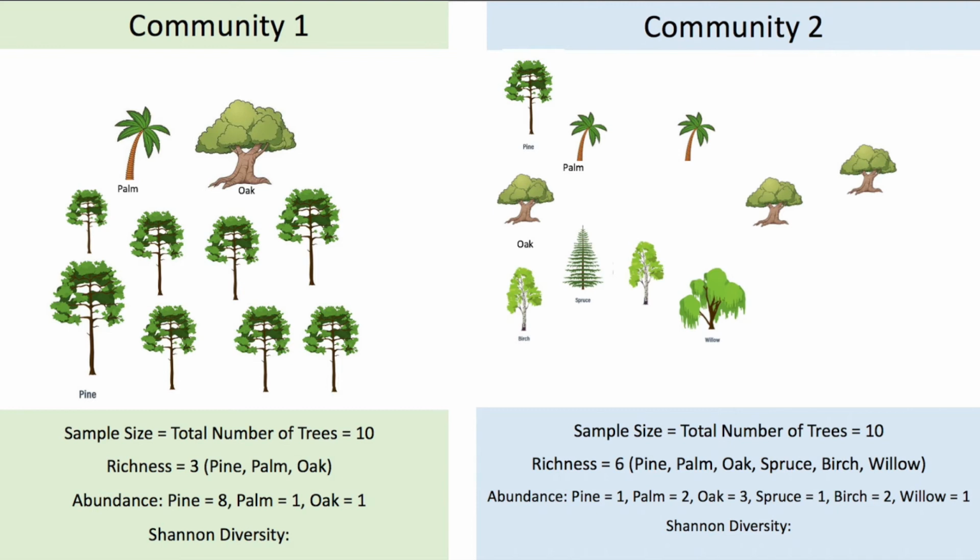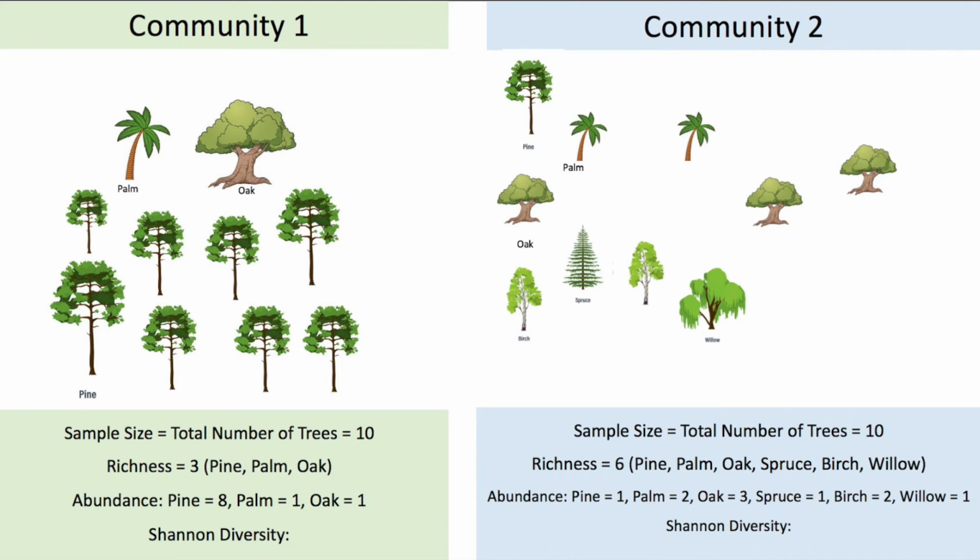So based on observed richness alone, we would say that community 2 has a higher observed diversity than community 1.